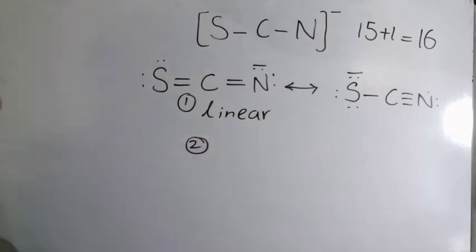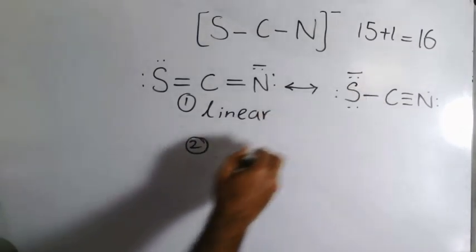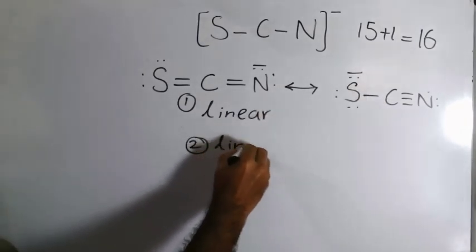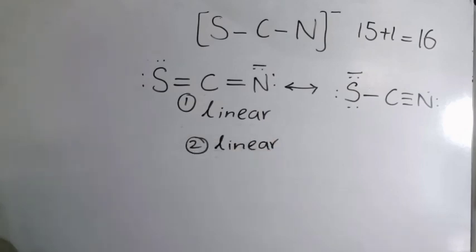In the second one, also there are two repulsion units. Even though there is a triple bond, we consider it as a single unit. So again, no lone pairs. The geometry is going to be linear. So both thiocyanate and isothiocyanate have linear geometry.